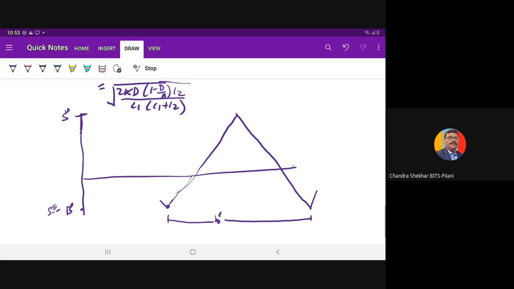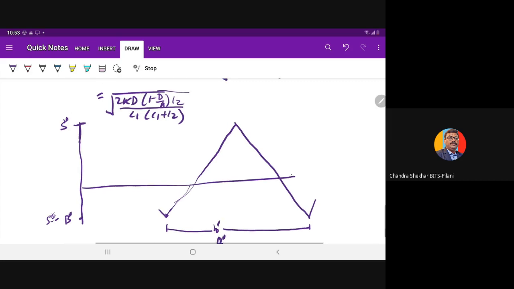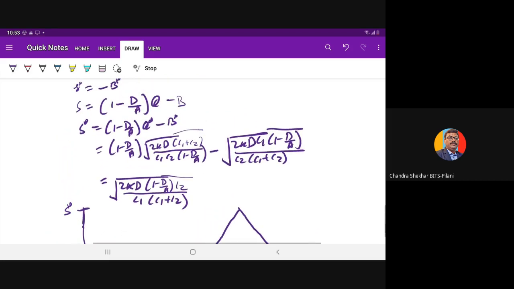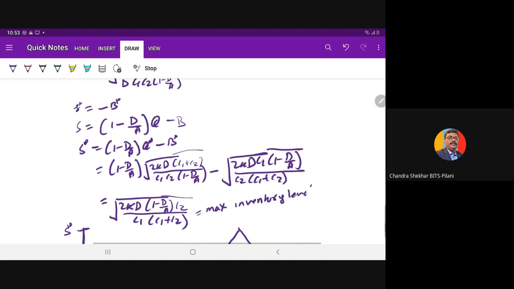And in this run, optimum quantity you are ordering. So here this S star is what? This is the maximum inventory level, right, or maximum optimal inventory level.